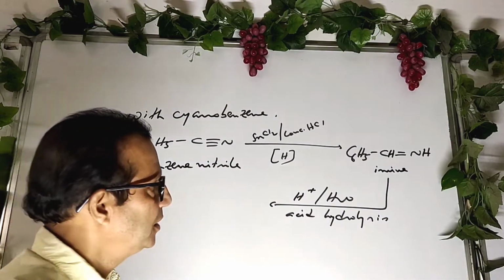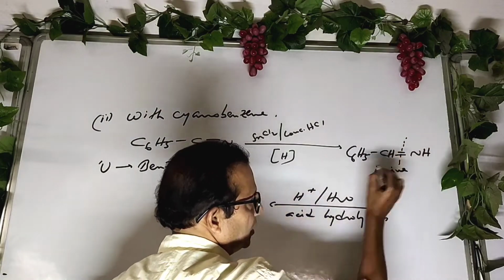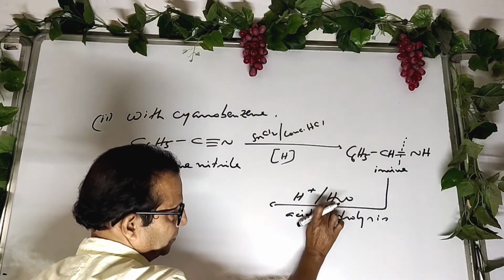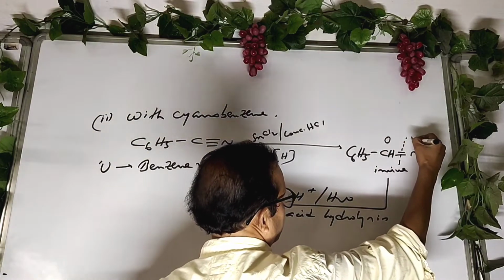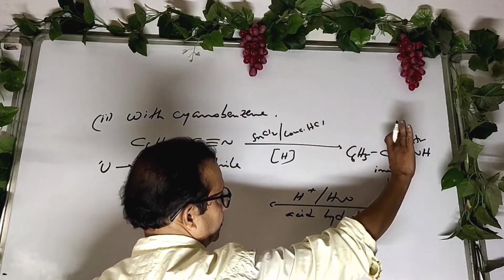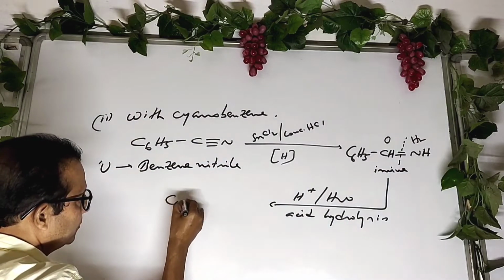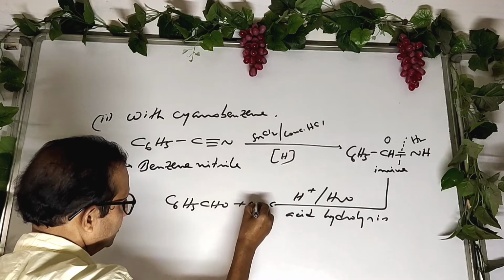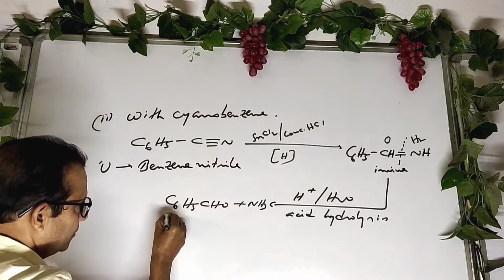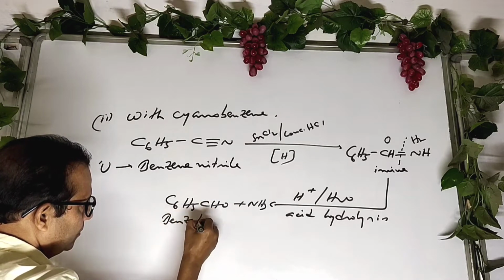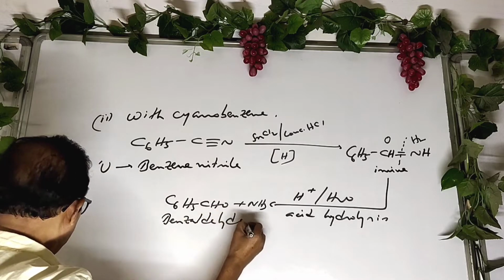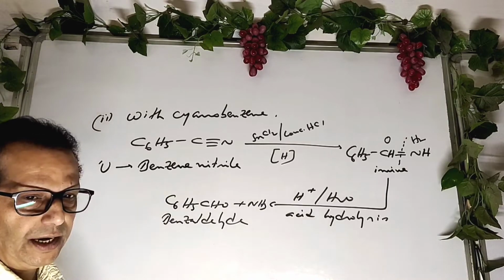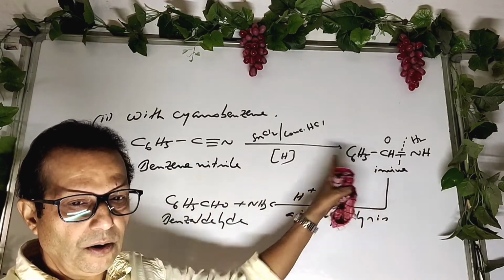What is the technique? Just break the double bond. Break it. You get benzaldehyde. So this is the imine of benzaldehyde.